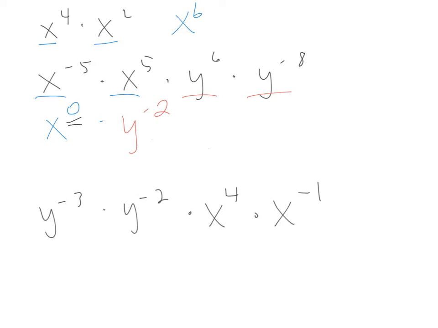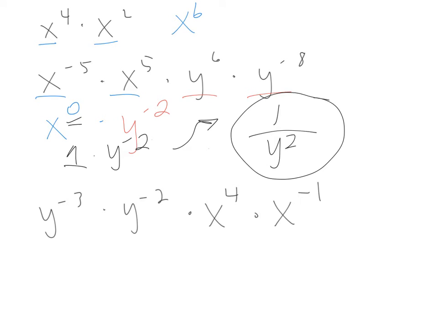Anything raised to a 0 power is 1 times y to the negative 2. But remember, don't want a negative exponent. Drop it down below the fraction bar and keep your 1 on top. That's your final answer.